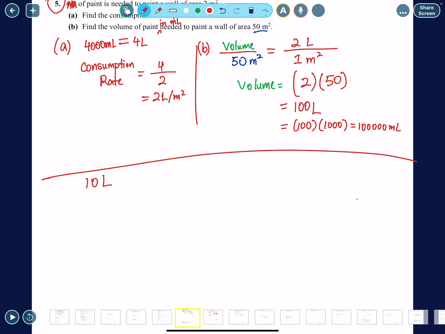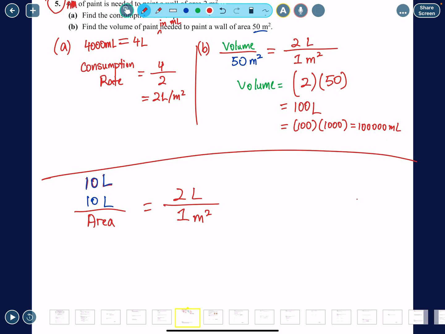So how much area can we paint? We have 2 liters per 1 meter square, but the question gives you 10 liters. 10 liters belongs to the top of the fraction, matching this one over here. And then you want to find how much area can you paint, right?